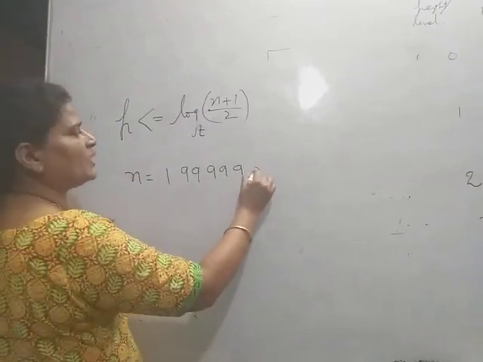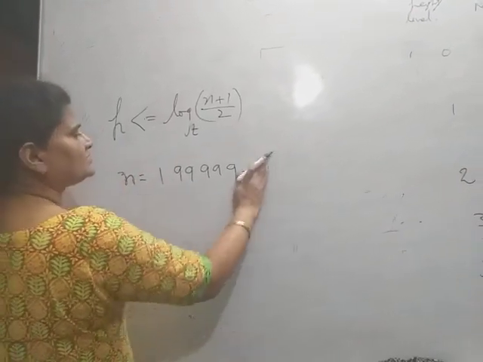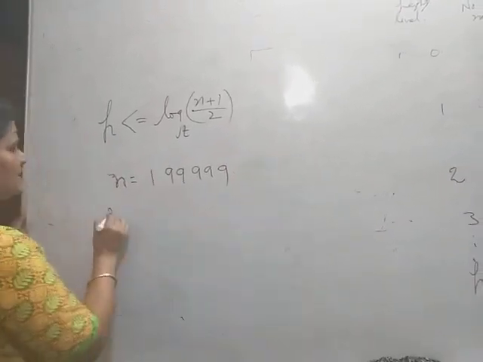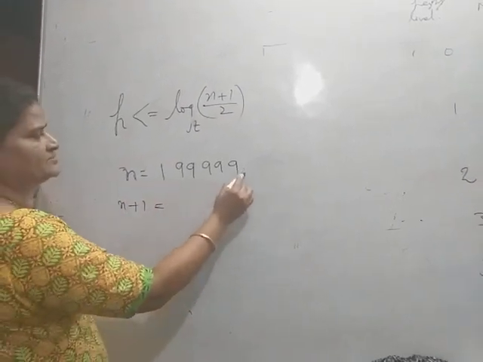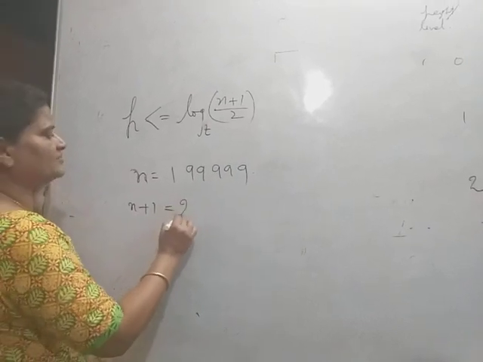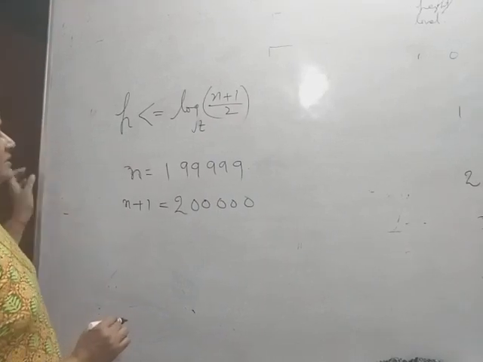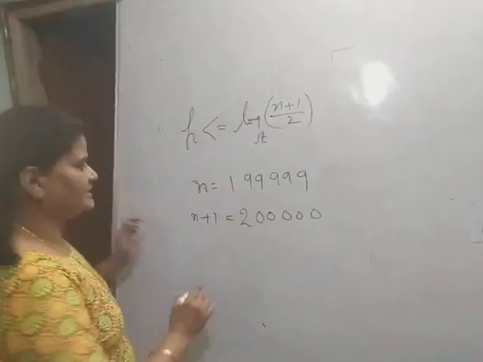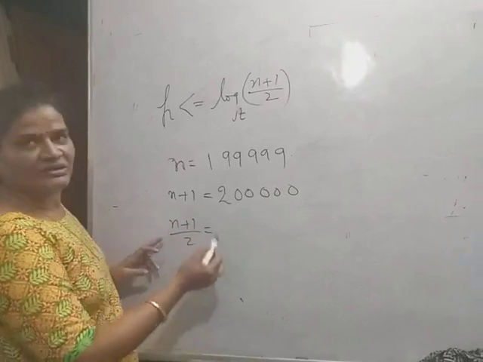So n plus 1 will become 2 lakh. So simply it will become 2 lakh. Now this n plus 1 divided by 2 will become what? 1 lakh.